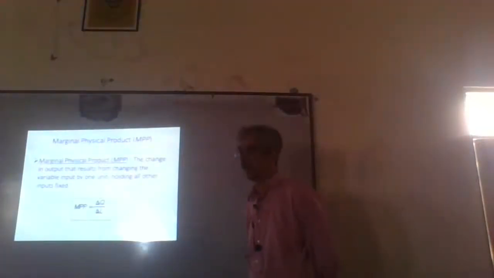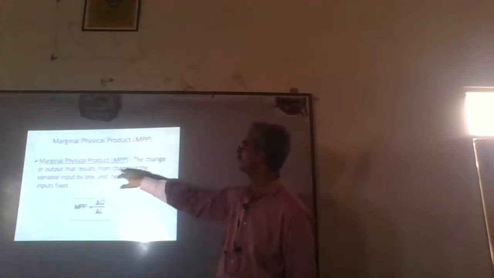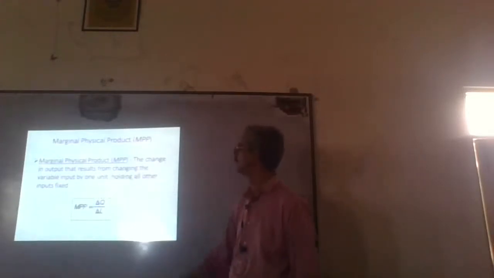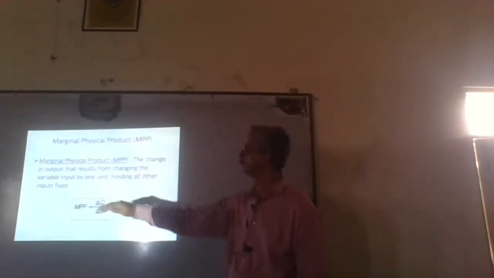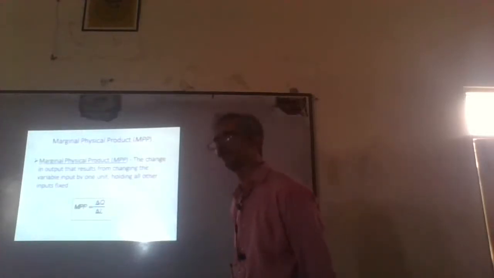Marginal physical product. The marginal physical product is the change in output that results from changing the variable input by 1 unit, holding all other inputs fixed. Marginal means it is the output produced by an additional unit of input.